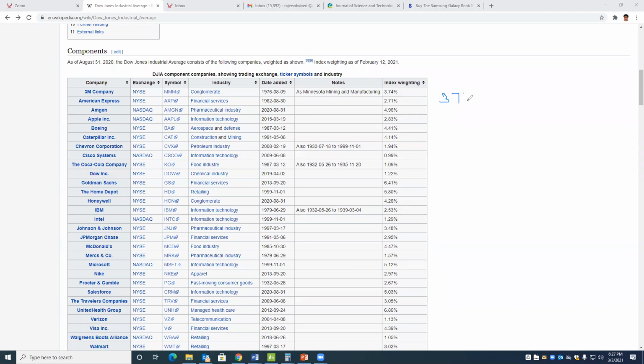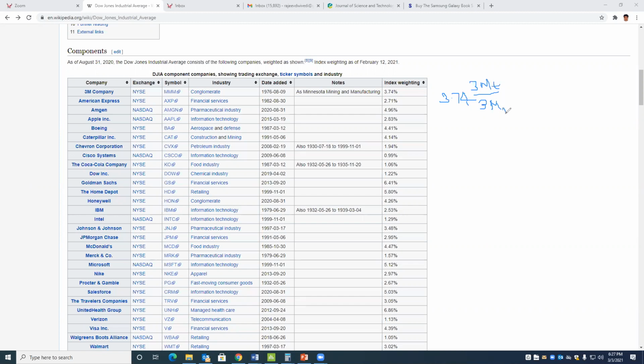So I take 3.74, the weightage, multiplied by the value of 3M as of today, divided by the value on the day 3M was incorporated into this index. So first day, and this is T day.